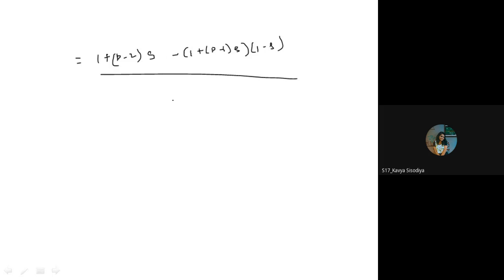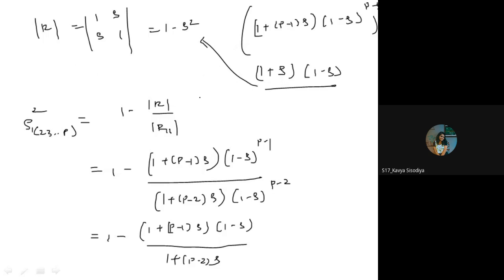It is nothing but 1 plus p minus 2 rho minus 1 plus p minus 1 rho into 1 minus rho divided by 1 plus p minus 2 rho. Is it? Yeah? Yes.